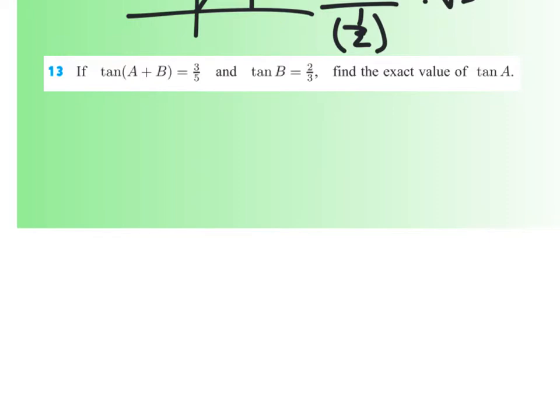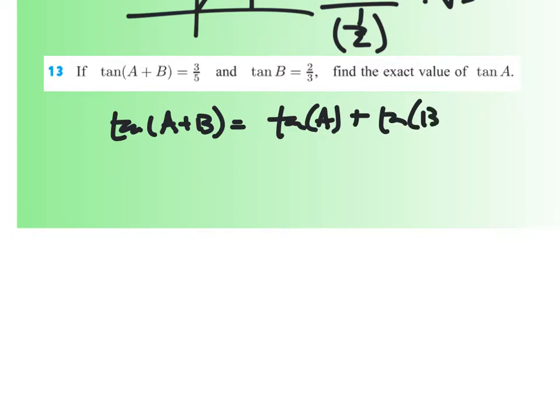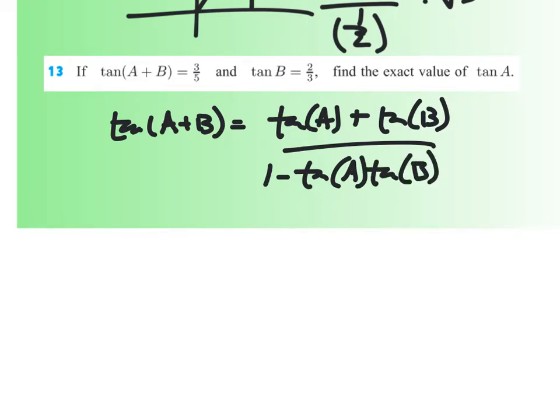Alright, so if tan A plus B is 3/5 and tan B is 2/3, find the exact value of tan A. So let's write out tan A plus B. Tangent of A plus B will equal the tangent of A plus the tangent of B over 1 minus tan A tan B. What do we know?